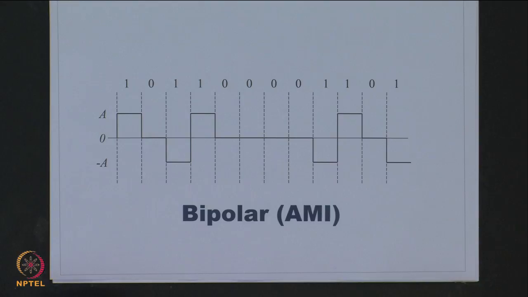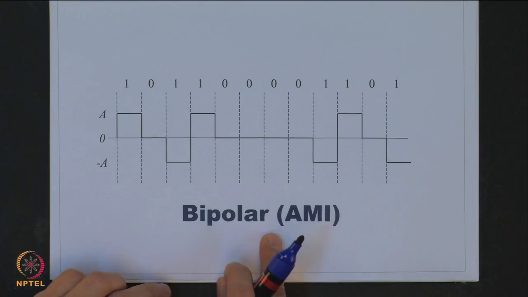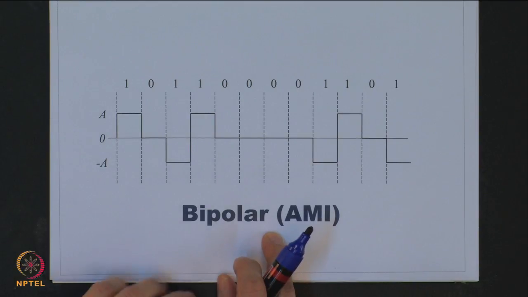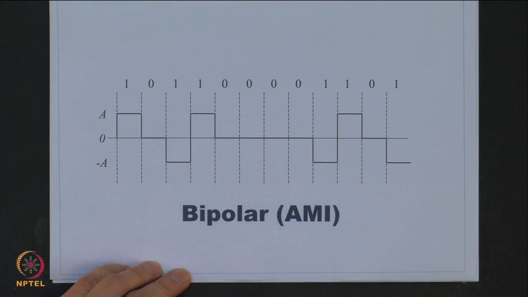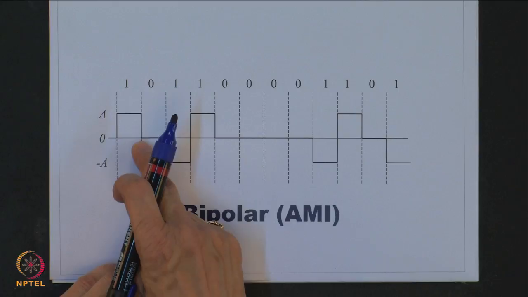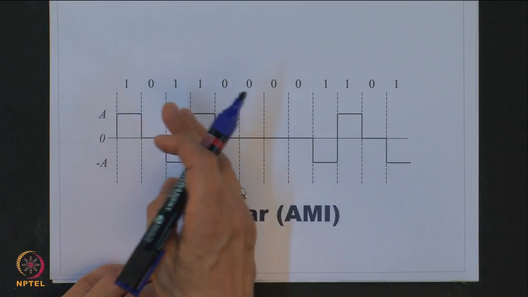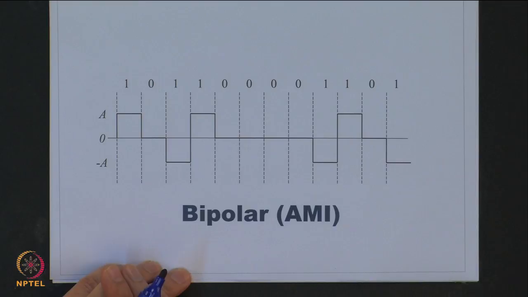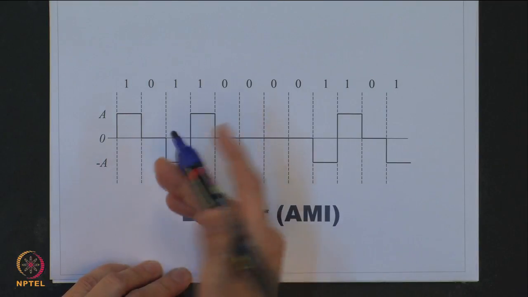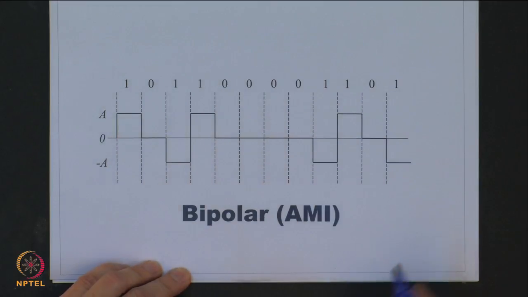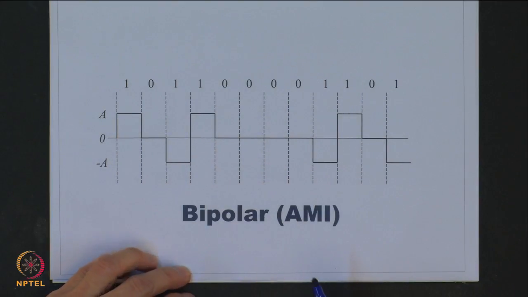Now, again here also there is no guarantee of transitions for timing regeneration, in the sense that you could have continuous string of 0, then there will be problem. But if you have equiprobable 1 and zeros, then maybe you should be able to recover the timing information.